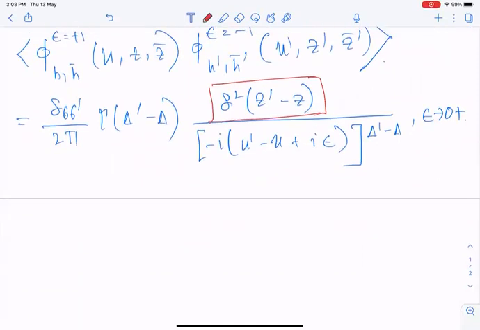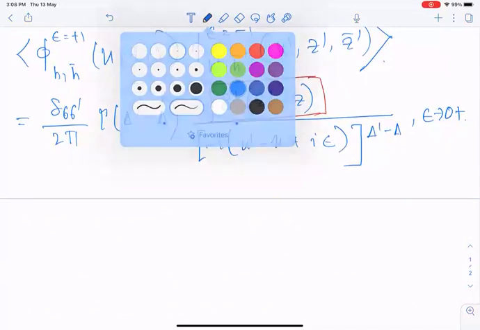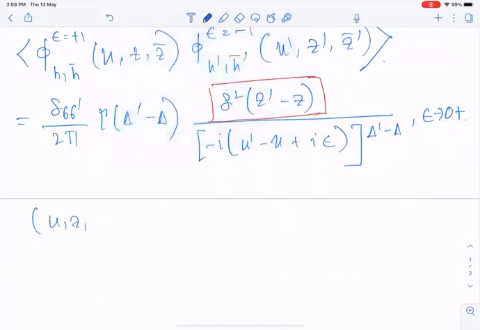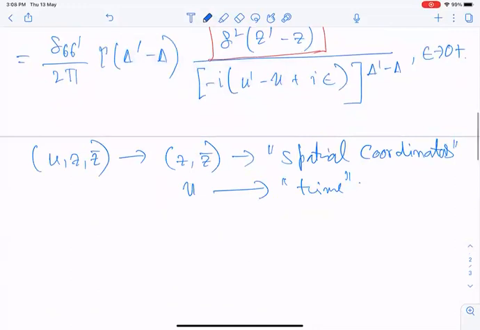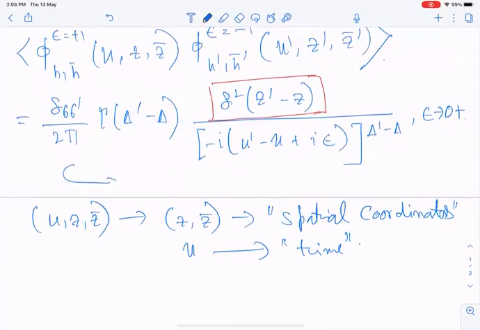This shows that you have this three-dimensional space. If you think of z z bar as the spatial coordinates, the space-like ones, and u as the time in this three-dimensional space, then this object shows that this is ultra local because of this delta function, delta 2 of z prime minus z.